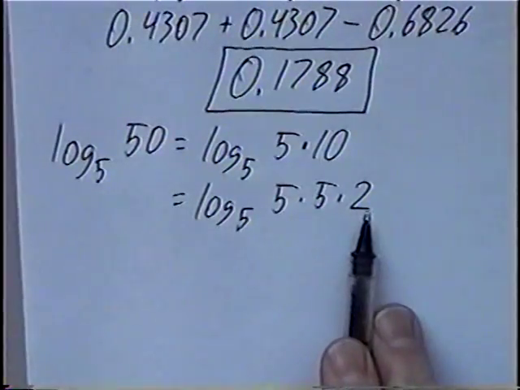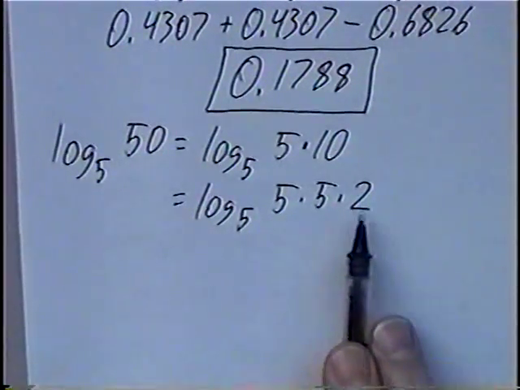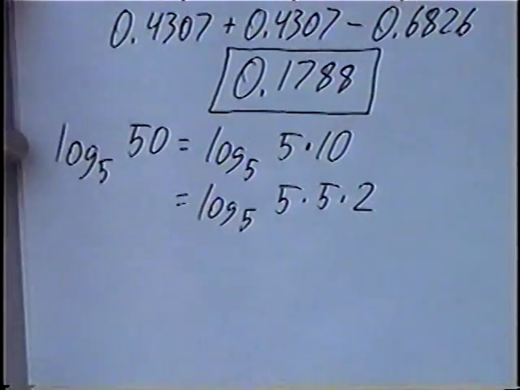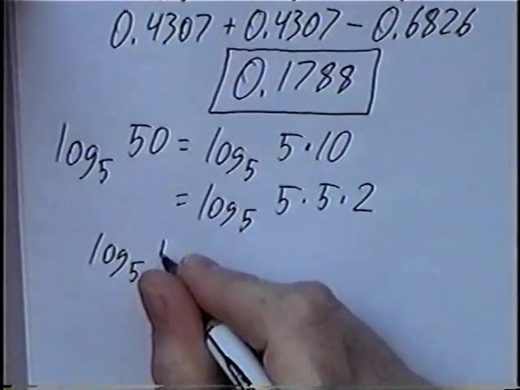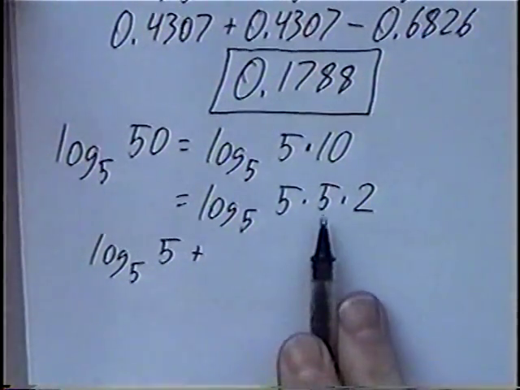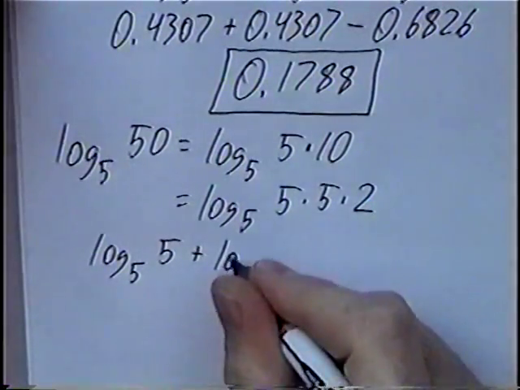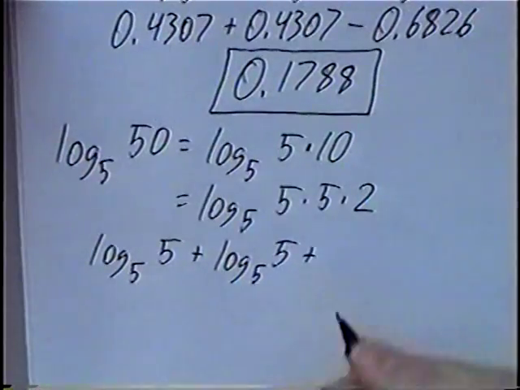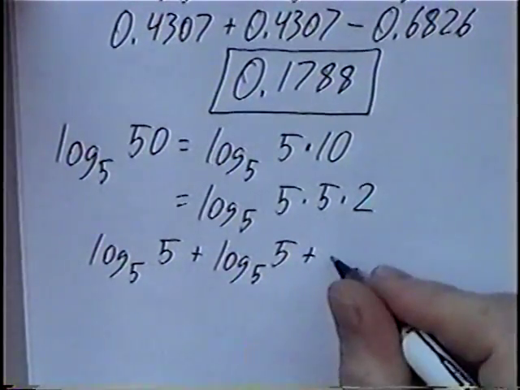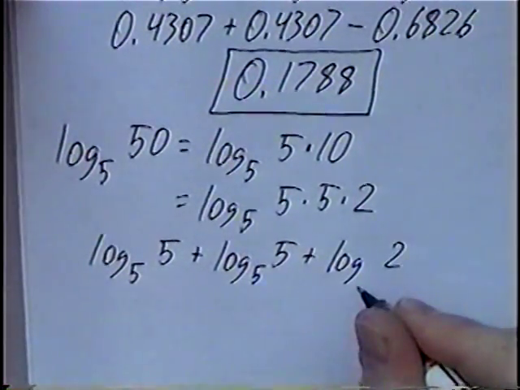Since this is all multiplication, we can change this using the properties to the addition of 3 logs. We'll have log 5 base 5 plus the second number being multiplied, which would be log 5 base 5, plus the last log, which would be log 2 base 5.